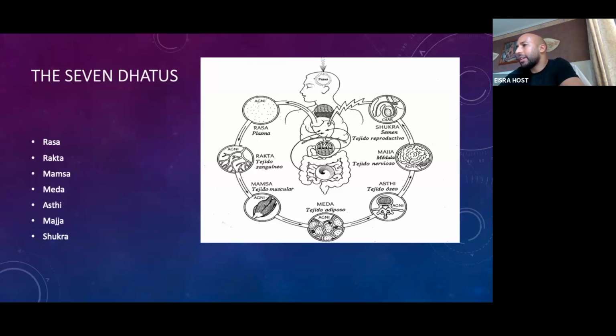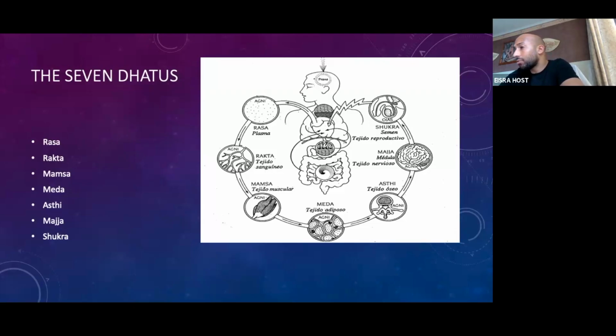If a man is fertile, then his shukra dhatu is good. If a woman is fertile, her shukra dhatu is good. In cases of infertility, where the quality of the sperm or ovum is not capable of fertilization, according to Ayurveda, we say that shukra dhatu is not as it should be.